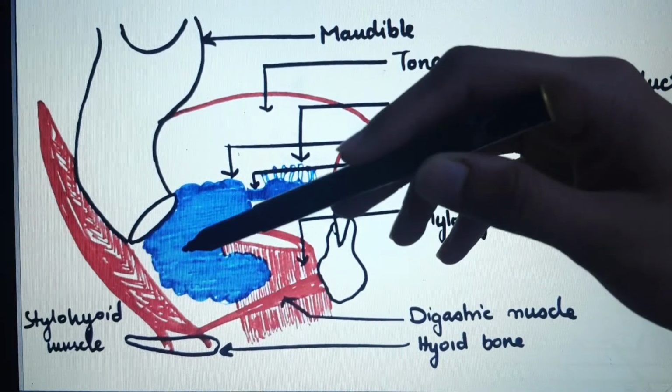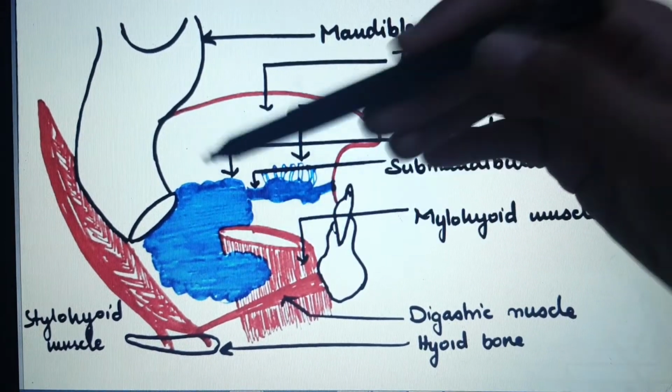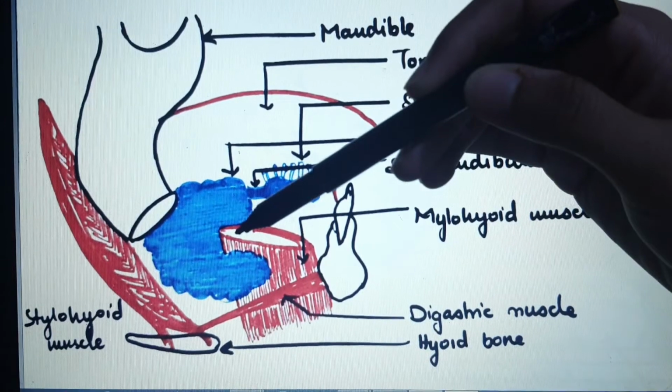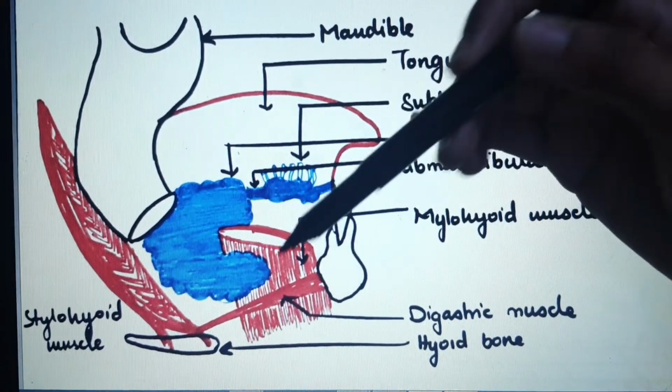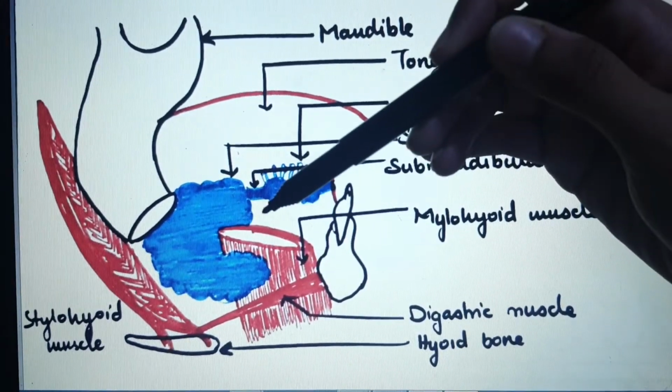Inferiorly, as you can see, will be skin, platysma, cervical branch of the facial nerve, deep fascia, facial vein and submandibular lymph nodes.